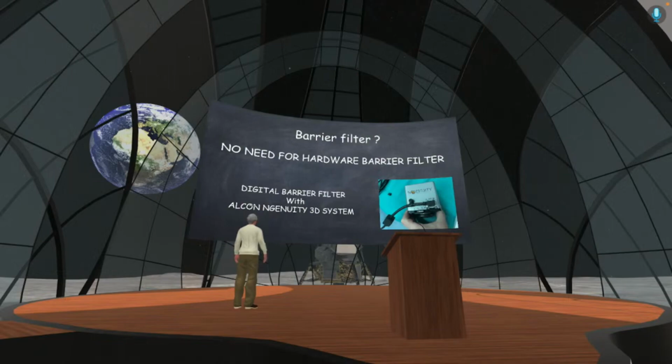Because when you put in a barrier filter, as the previous speaker said, you only let through the green light and you lose all the rest of the spectrum as visual information. The beauty of the Ingenuity is that you might extract from the image more than meets the eye. Next slide, please.